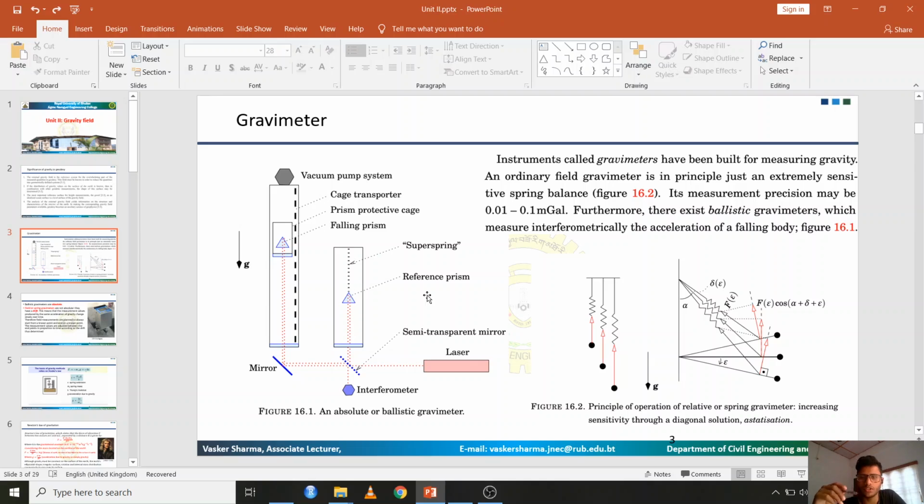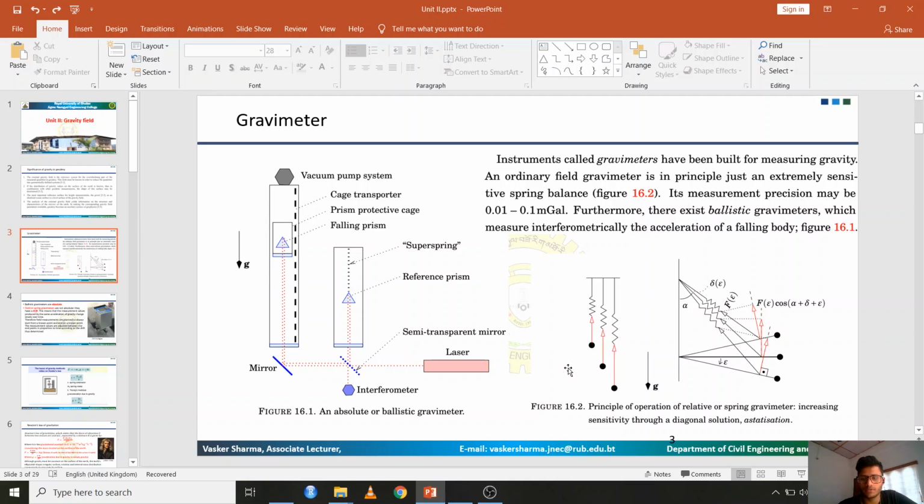That deformation is very sensitive, and we cannot see the deformations directly. So some kind of laser light is used to determine how much deformation is taking place in the spring. With the help of these deformations, we make use of the calculations of gravity.